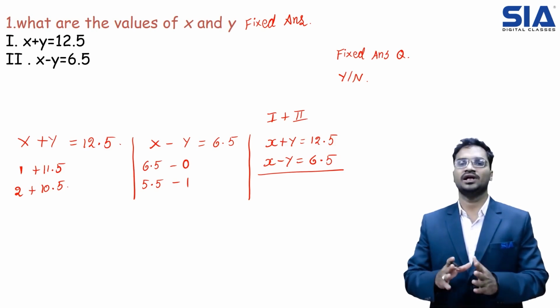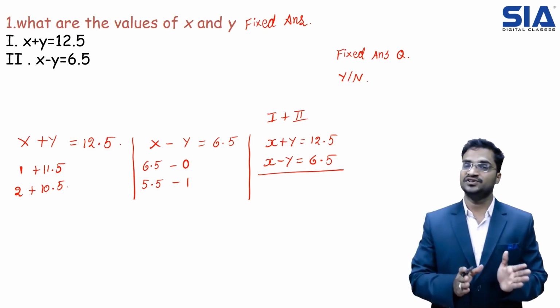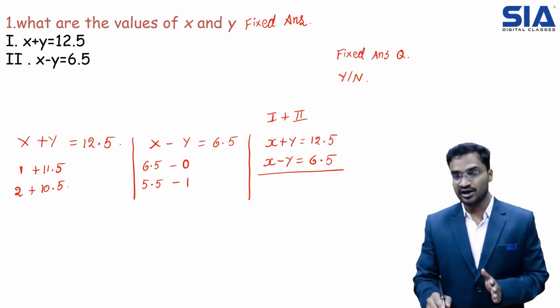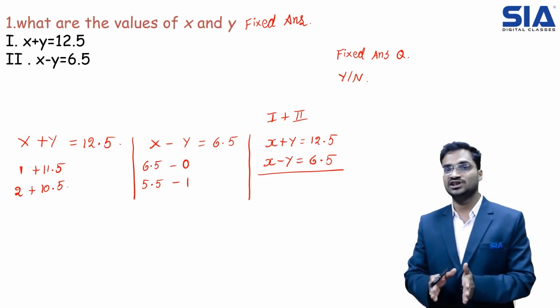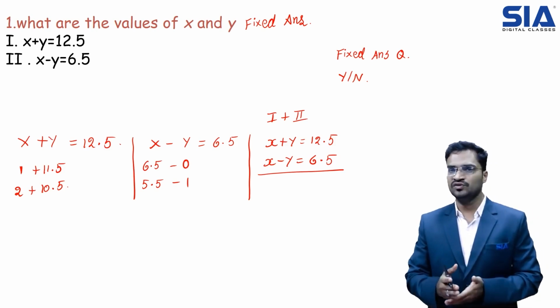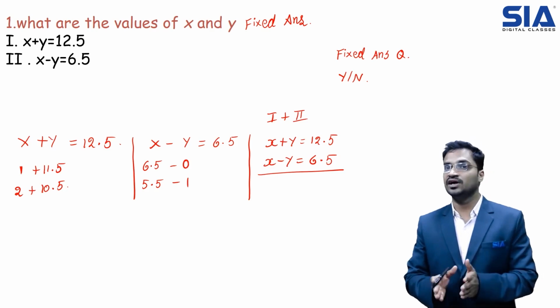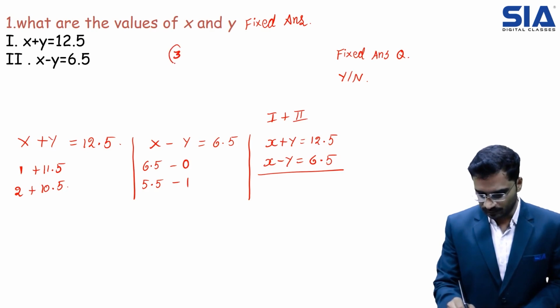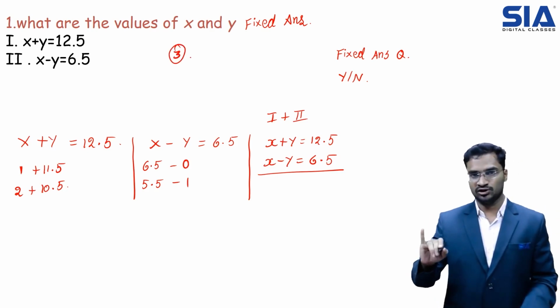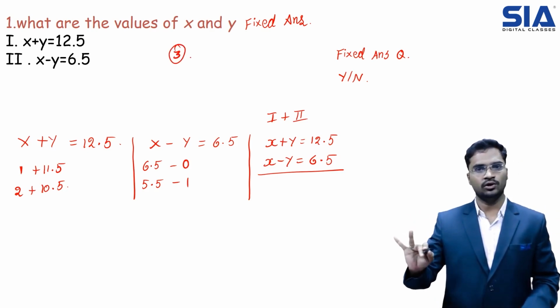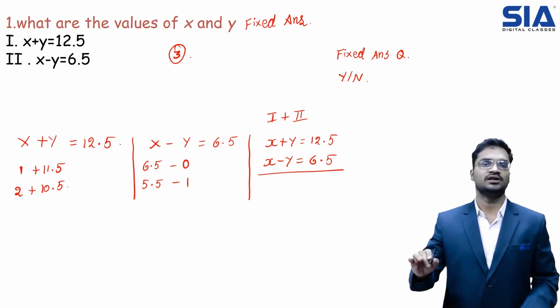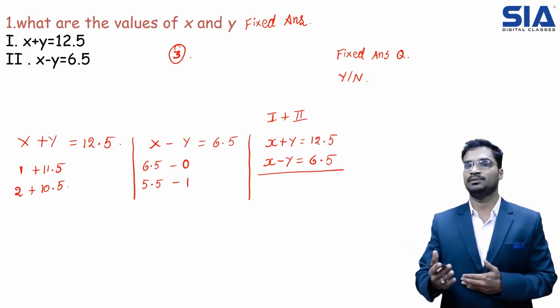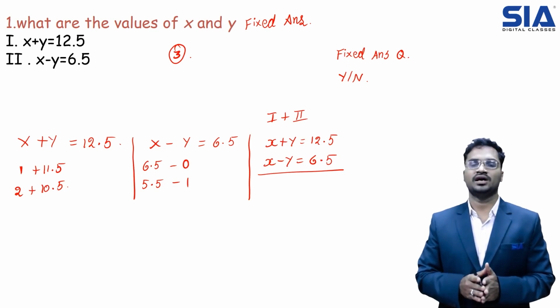We just have to tell whether these statements are sufficient to answer or not. Whenever I check the first and second statements together and solve, I will be getting fixed values of x and y. So the answer is option 3, because statement 1 alone is not sufficient, statement 2 alone is also not sufficient, and whenever we combine the first and second statements, we achieve our answer.